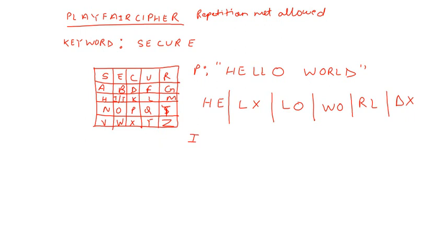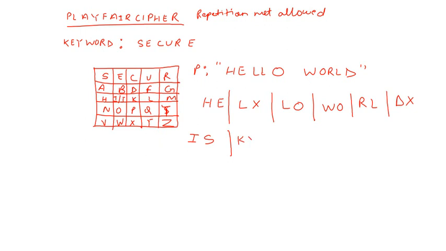Now E is again different, so the row of E, in the column intersected with H. So S will be here. Now L and X. L and X are again in different rows and different columns. So for L, the same row, in the column intersected with X, it will be K, and for X it will be Y.